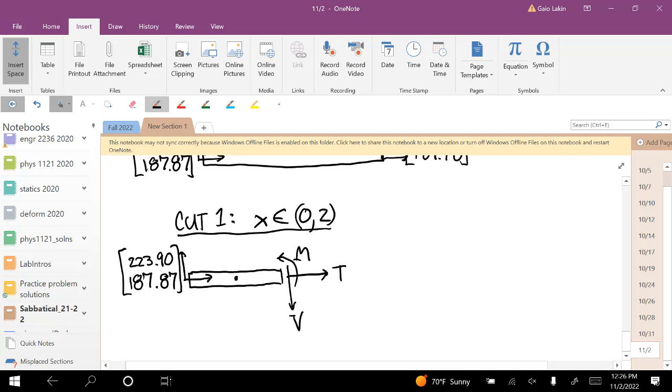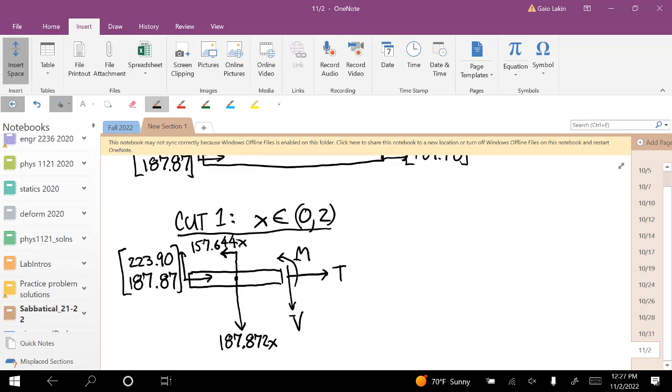And then at the middle, these are both rectangular distributed loads, so we have 187.872x, and then pointing to the left, we have 157.644x. And I think that's where we were at the end of last time.